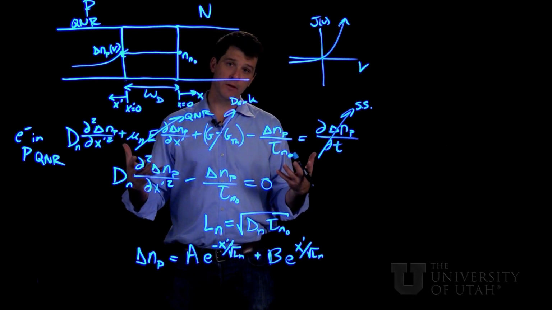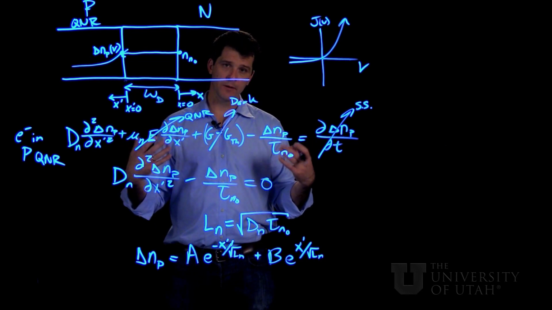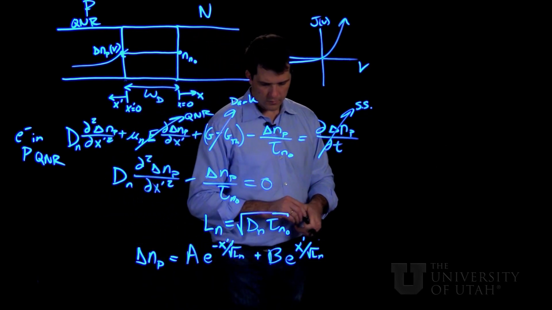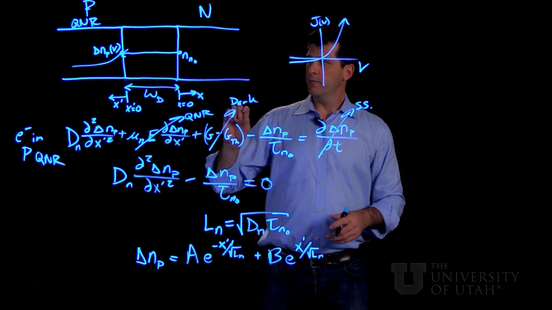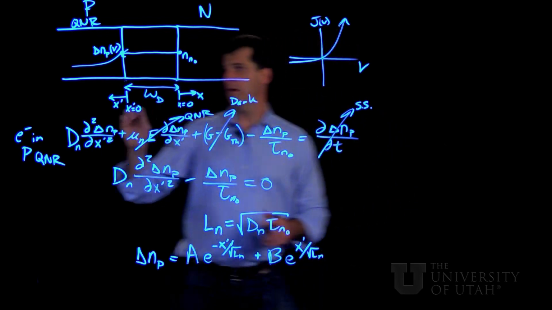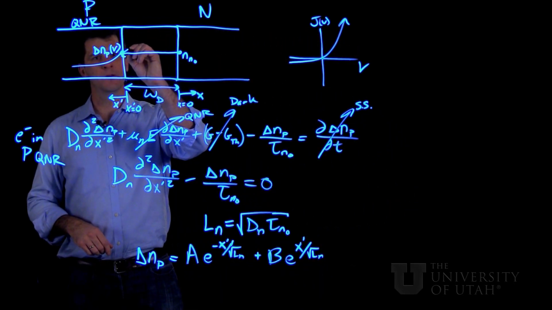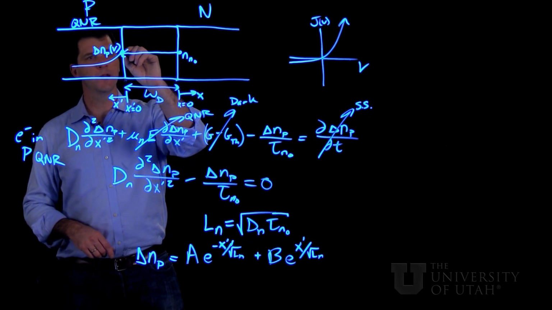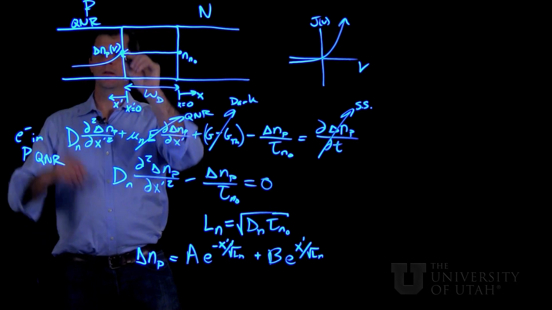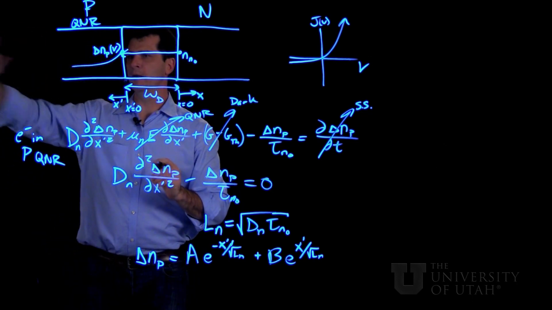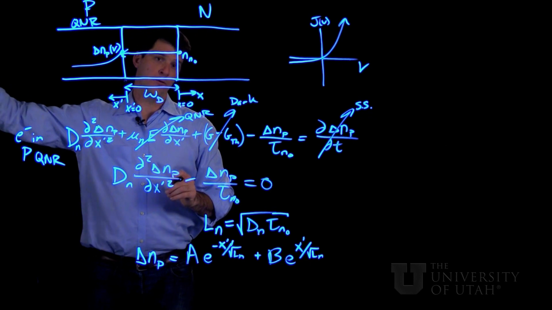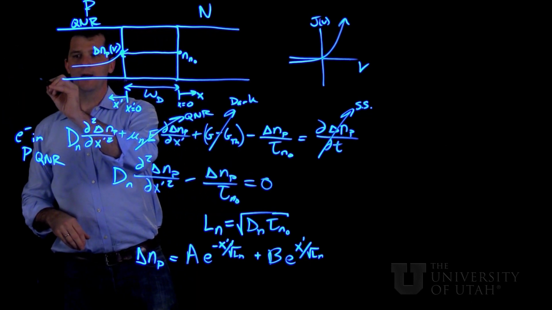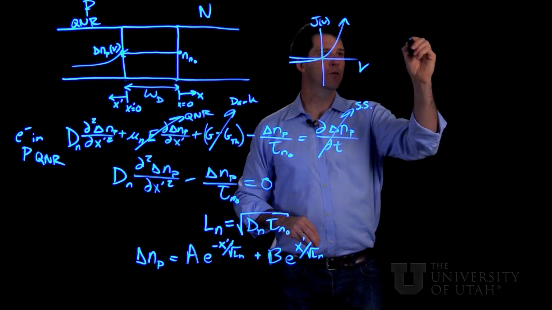Now we need to make it particular by applying the boundary conditions. So for the ideal case, our boundary conditions are that we have a certain amount of excess carriers injected, which is a function of voltage, and then very far away from the junction, in fact, all the way at x prime equals infinity, we have that. So we'll go over here.